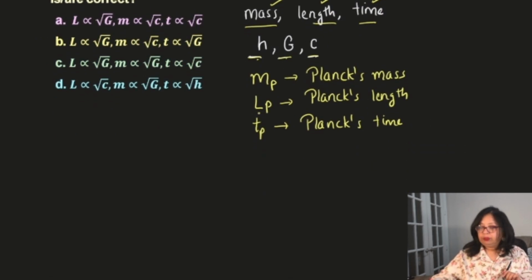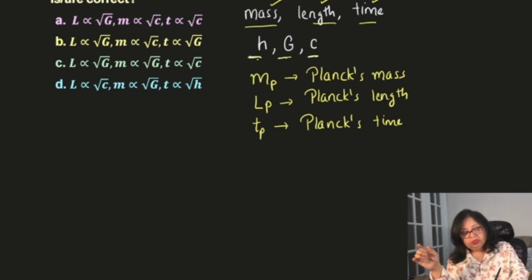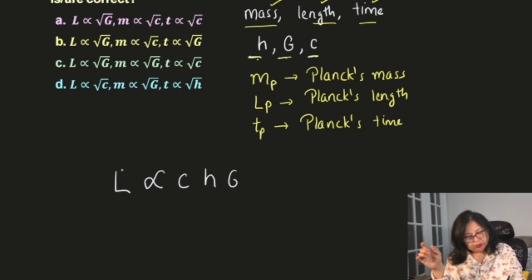So let's see. Let's write down length in terms of c, h, and G. So what I'm saying is that length L is proportional to c to the power a, h to the power b, and G to the power c.